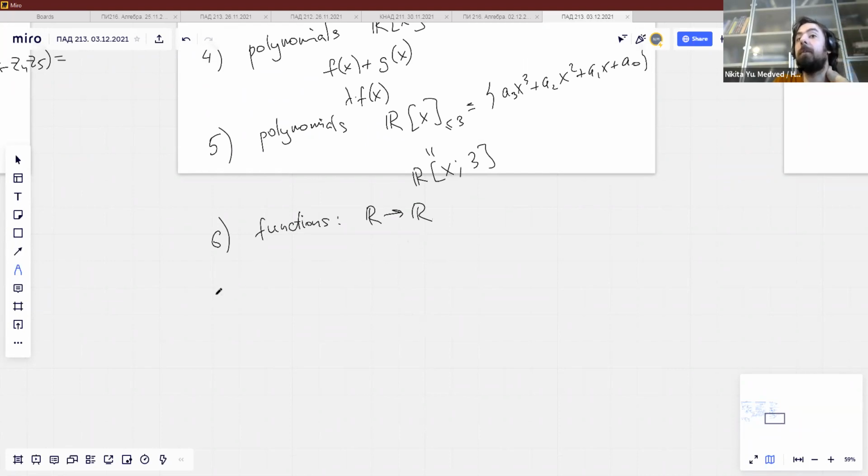And you can multiply a function by a number. Or if you wish, continuous functions. This is a different set. Again, those two are different because there exists some non-continuous function. But continuous functions from R to R, they also form a vector space because when you add them or multiply by a number, you still get a continuous function.